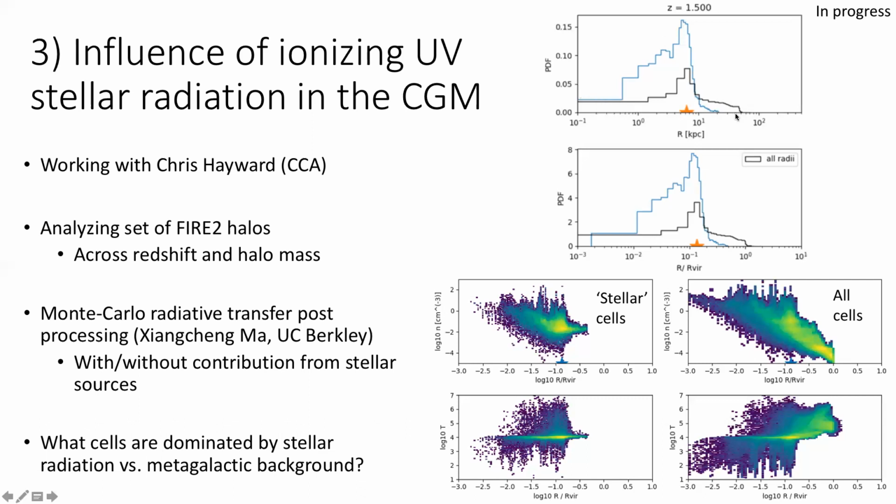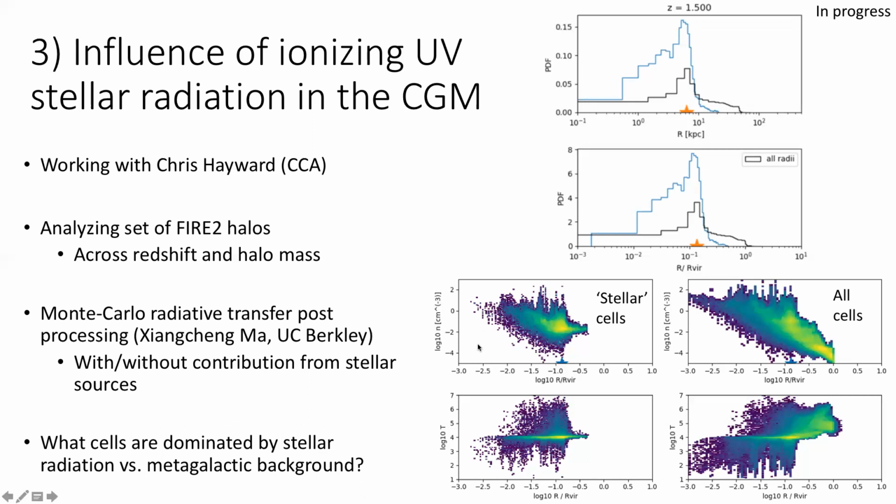We can see that the black distribution has a lot of cells at very large distances that are not affected by the stellar sources, and this makes sense. This is plotted over radius, and the bottom plot is plotted relative to the virial radius. We might pick maybe the peak of the blue distribution and say that just below 10 kiloparsecs is the radius of influence of the stellar sources.